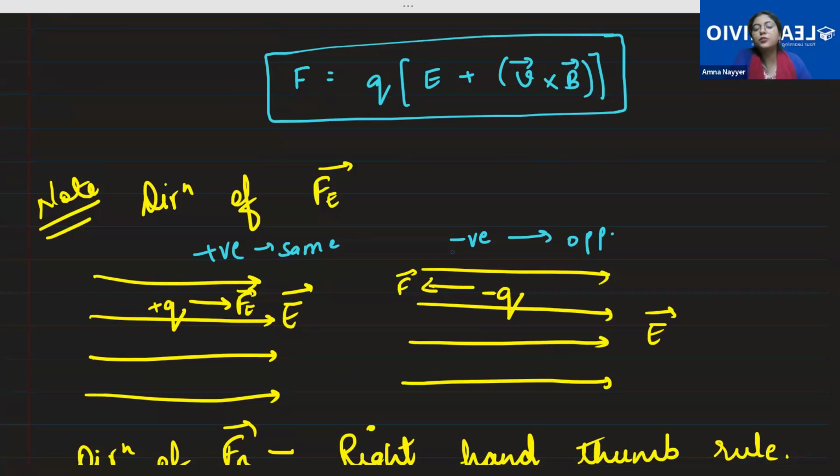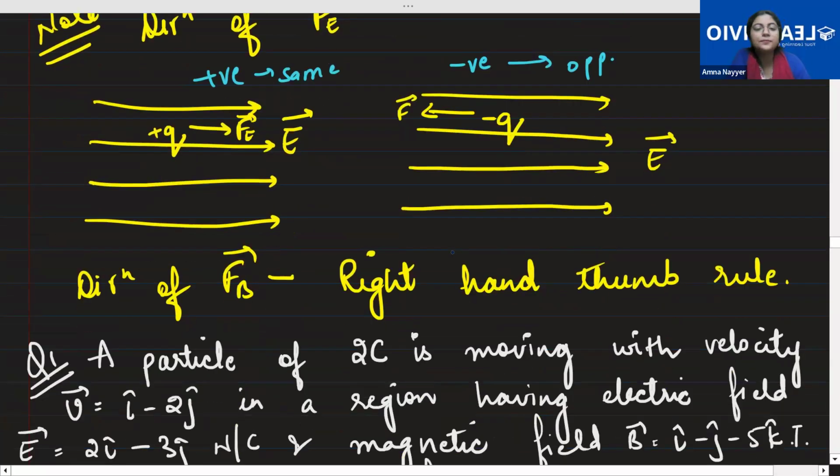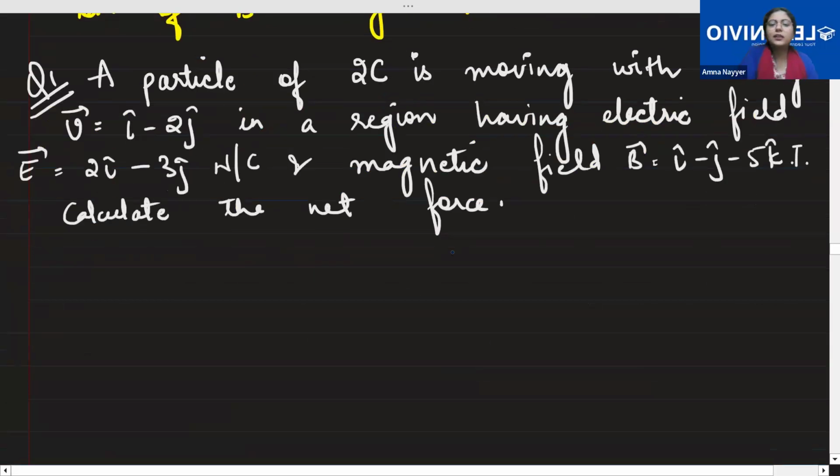That time also I discussed with you that the force on the charged particle will be in the same direction as the electric field if it's a positive charge, and opposite if it's a negative charge. And for the magnetic force, I think we have done it a lot of times, the right hand thumb rule, right? So the right hand thumb rule will be utilized. Let's practice one numerical based on this.